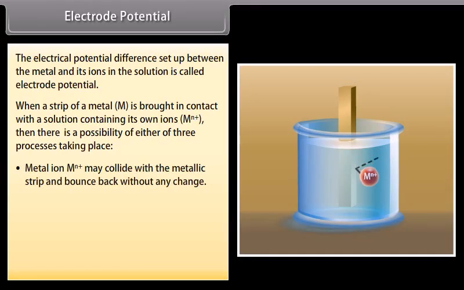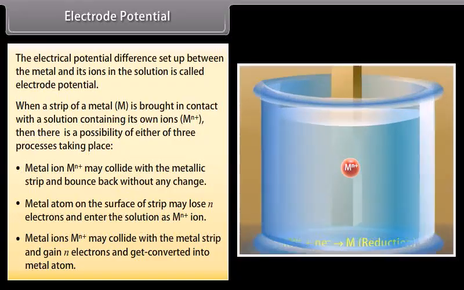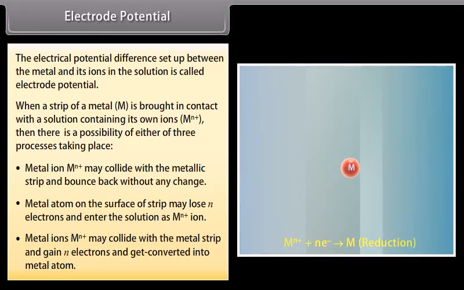Metal ion may collide with the metallic strip and bounce back without any change. Metal atom on the surface of the strip may lose n electrons and enter the solution as ions. Metal ions may collide with the metal strip, gain n electrons and get converted into metal atom.